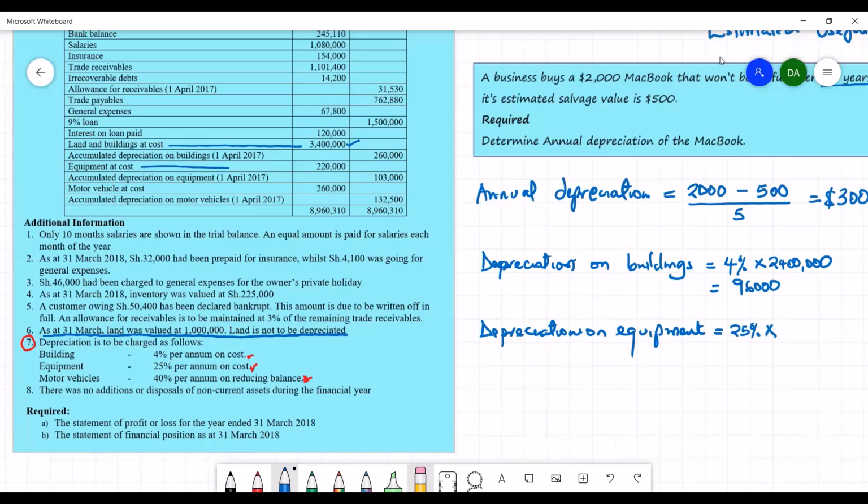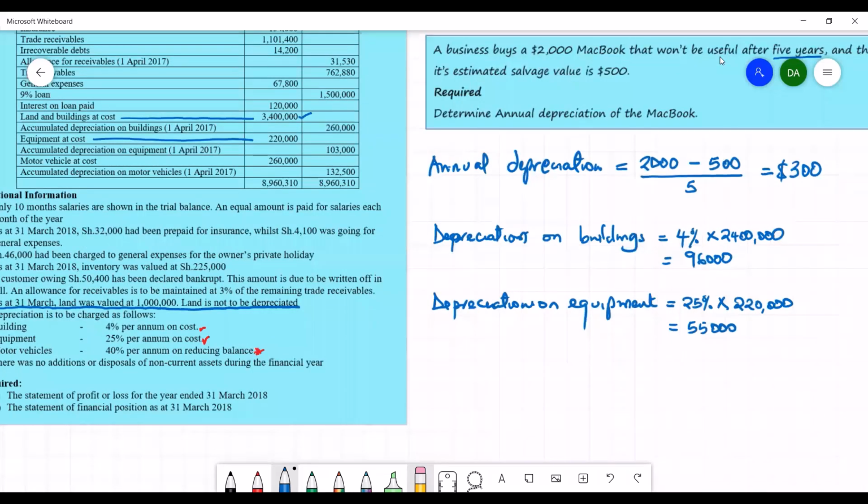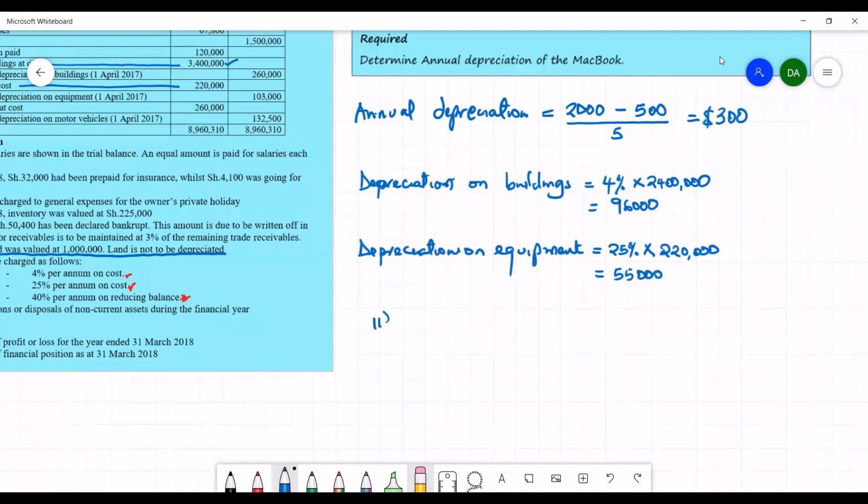The cost of the equipment is 220,000. So multiply that by 220,000, and that will become 55,000. That is how to determine depreciation using straight line method. Let us then go to reducing balance method, which is the second method.